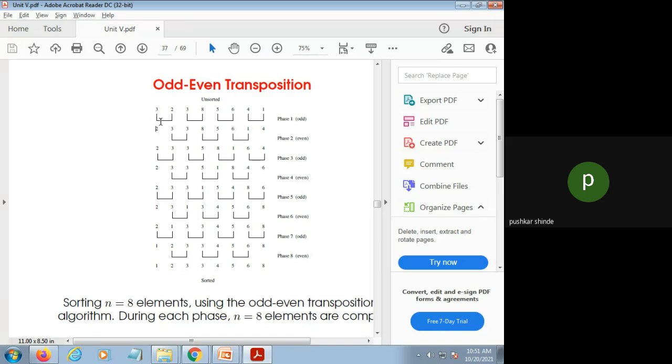So the parallel runtime will be theta of n. Odd indexed processors will do the odd phase compare exchange, even indexed processors will do the even phase compare exchange. Same way as it worked for serial, the only difference is that here processors will handle each number.